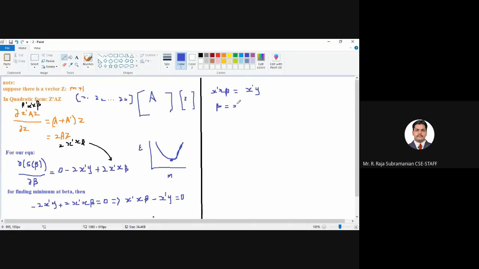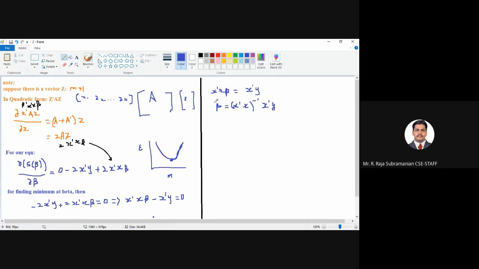It should be coming in the denominator, but I can also write it as inverse, x dash x inverse x dash y.